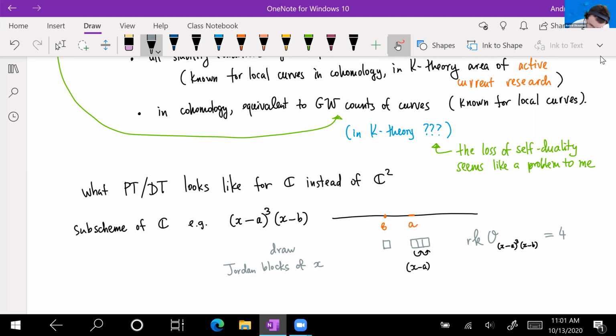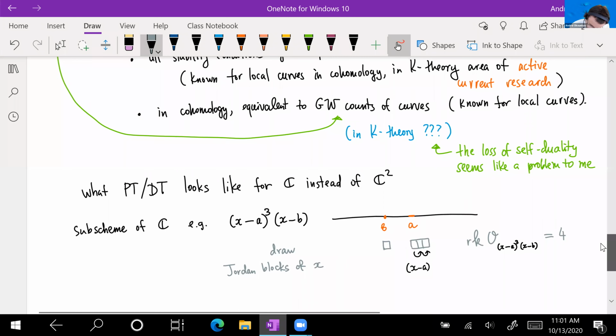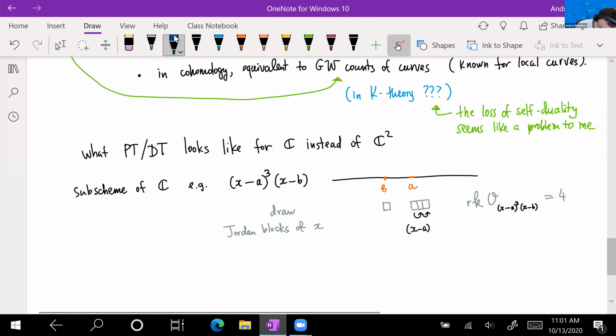And so now if I have a constant map, let's look at the constant map. So I'll consider a map from P1 to this scheme, which is constant.